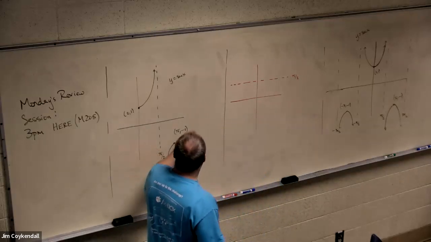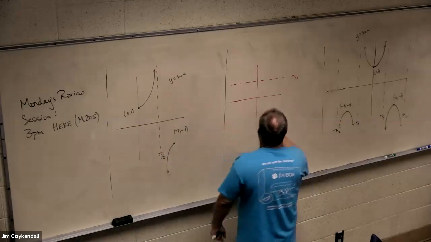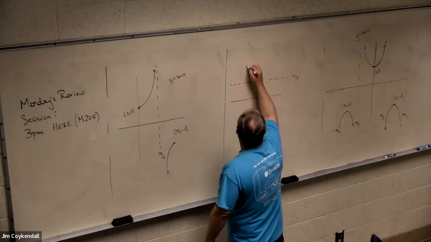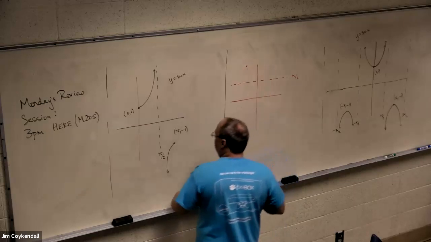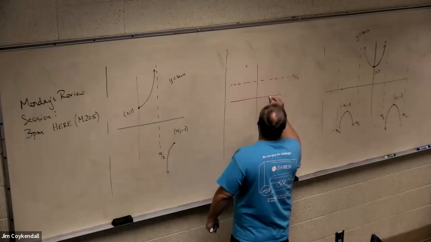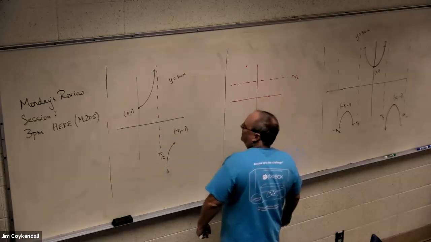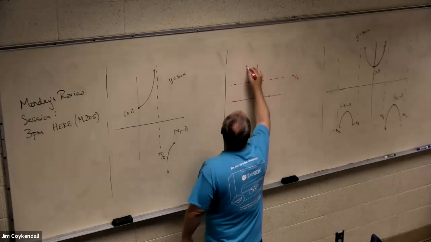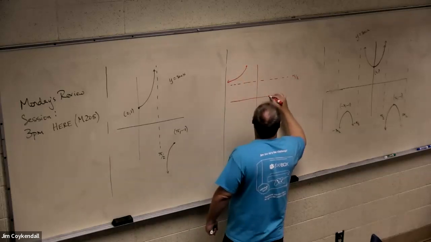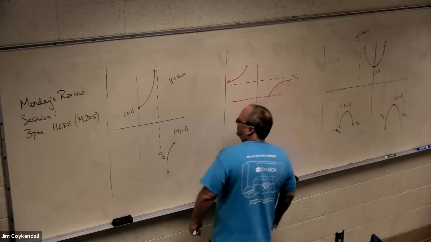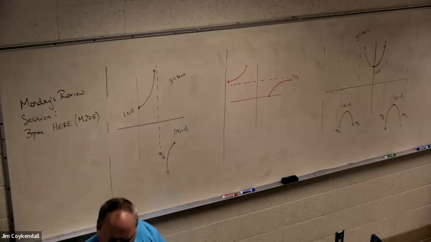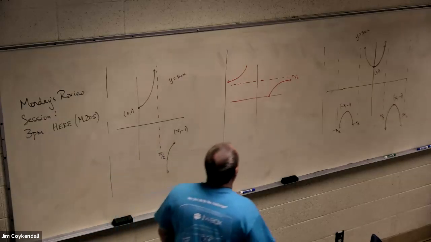I should have a point, negative 1, pi. So let's see, negative 1, pi. And I should have a point 1, 0. And so it looks to me like this thing. This is what inverse secant is.